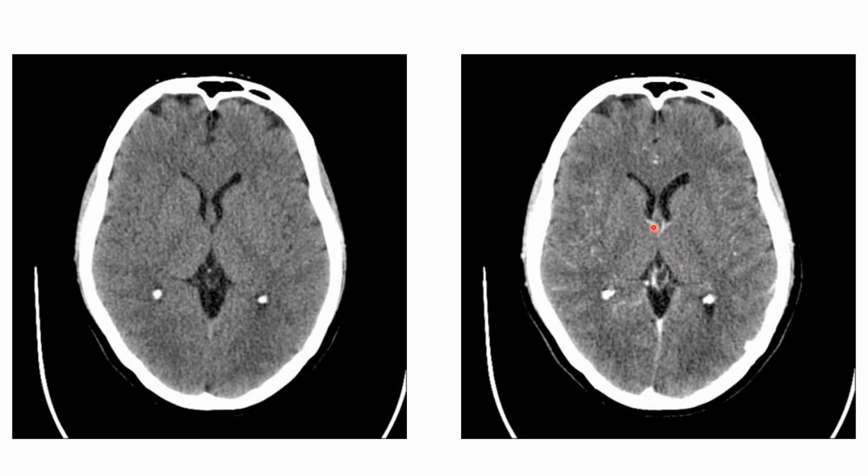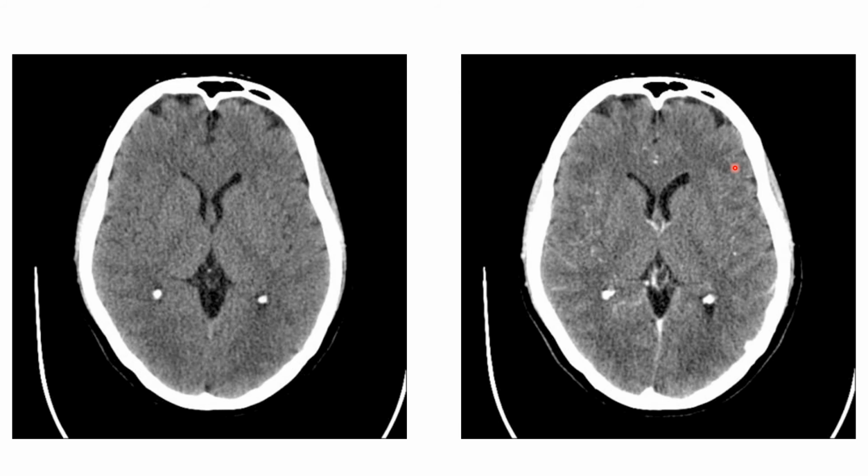There's one, there's another one here along the gyri. These are the blood vessels where the contrast runs. As you may know, contrast appears hyperdense in a CT scan and an MRI.